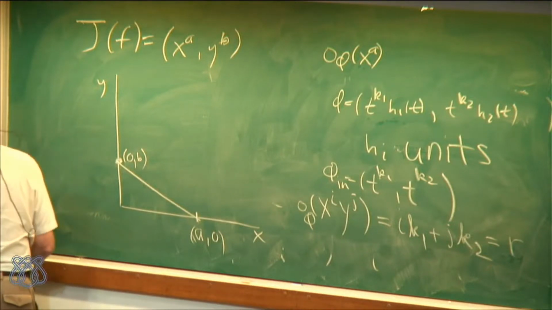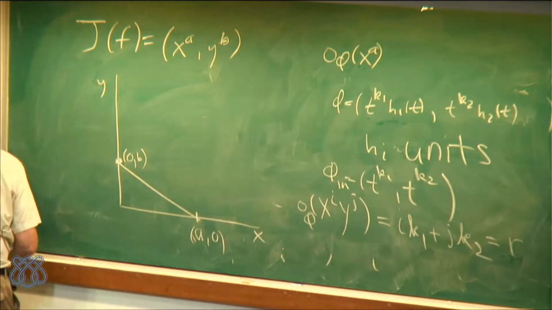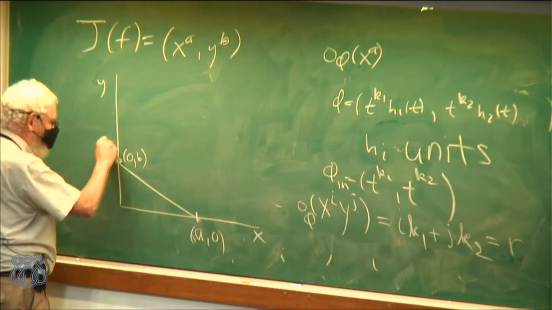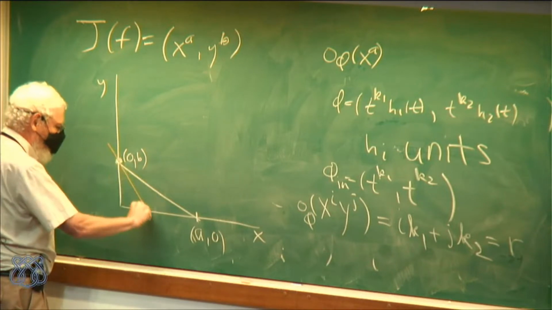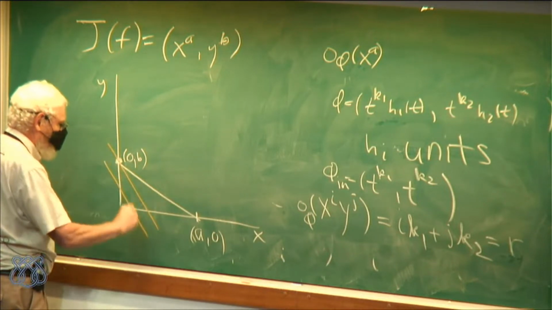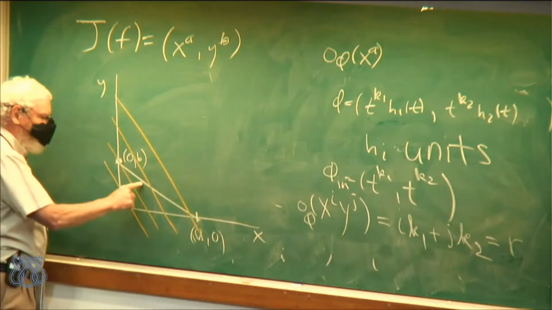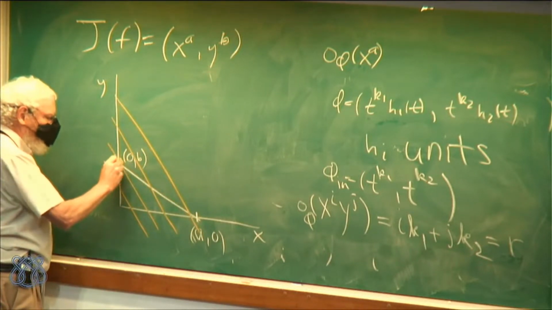Now there's only three cases in this simple picture. One case is where the first in a family of parallel lines intersects at this point here.